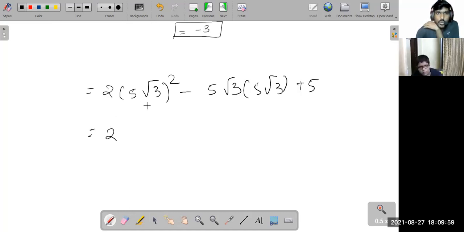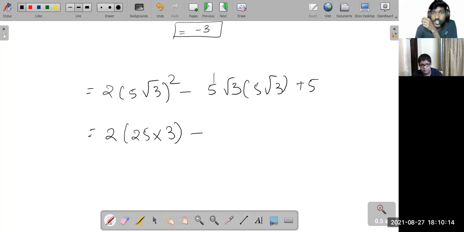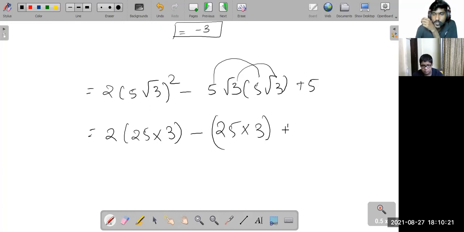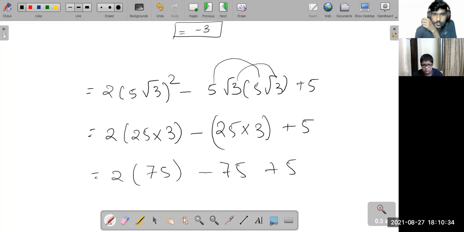So if I square 5 root 3, it is 25 into the square of root 3. So 25 into 3, minus the same thing here: 5 into 5, 25, root 3 into root 3, 3, plus 5. So 2 into 75 minus 75 plus 5.